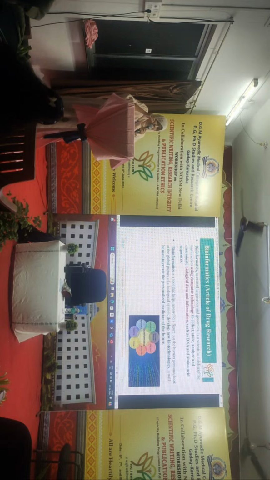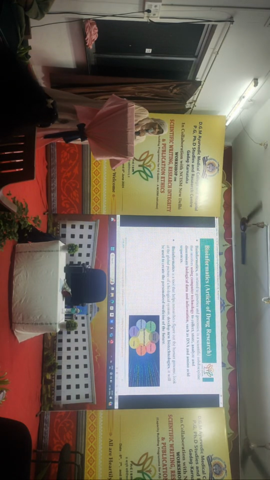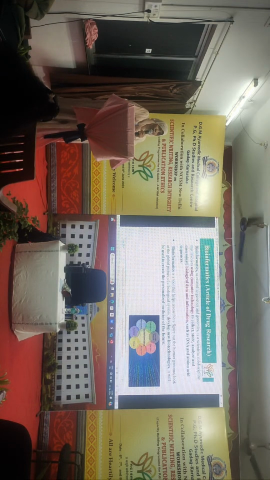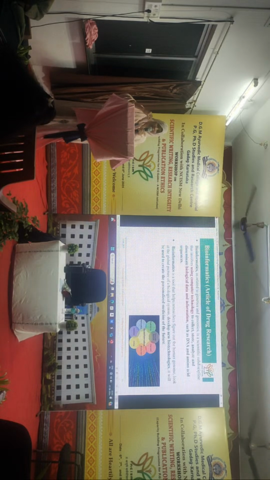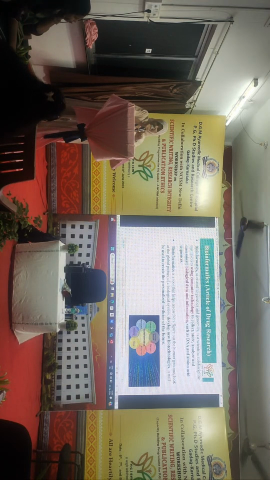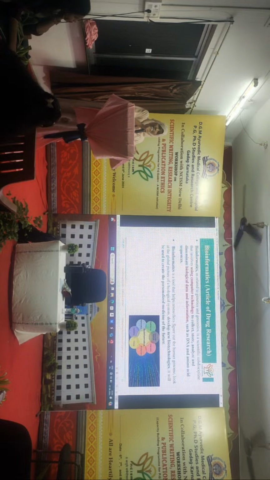And that is why in a paper, especially on drug research, they will write down all these sequences: what extract, what is the vehicle, how it acts, what the properties are, what active ingredients are present, whether carotenoids, whether it is exhibiting antioxidant property. If it is exhibiting antioxidant property, what were the active ingredients present so that you can label it as antioxidant property. Carotenoids, flavonoids, if they are present, it is called antioxidant property.